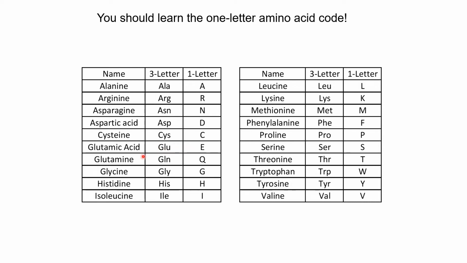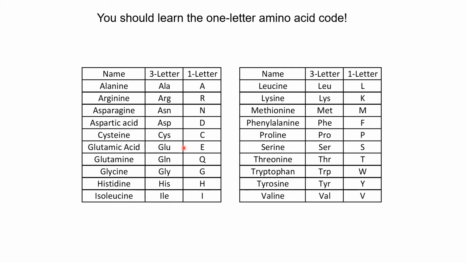Before the one letter code, we had the three letter codes for the amino acids. When we talk about glutamic acid, its three-letter abbreviation is Glu, which basically sounds like glue, the glue for handicraft items.